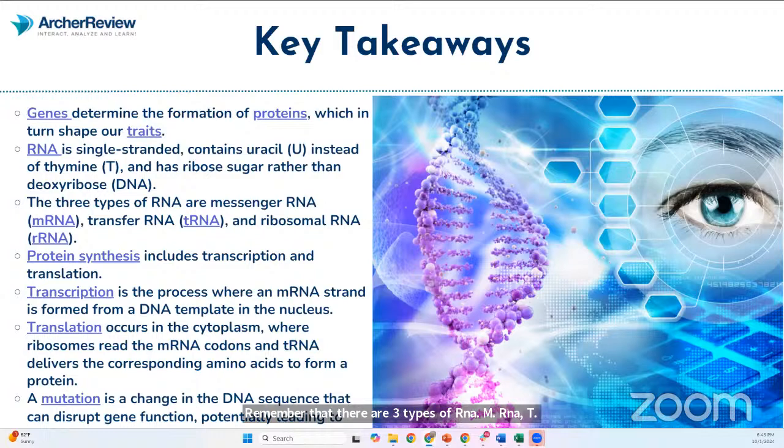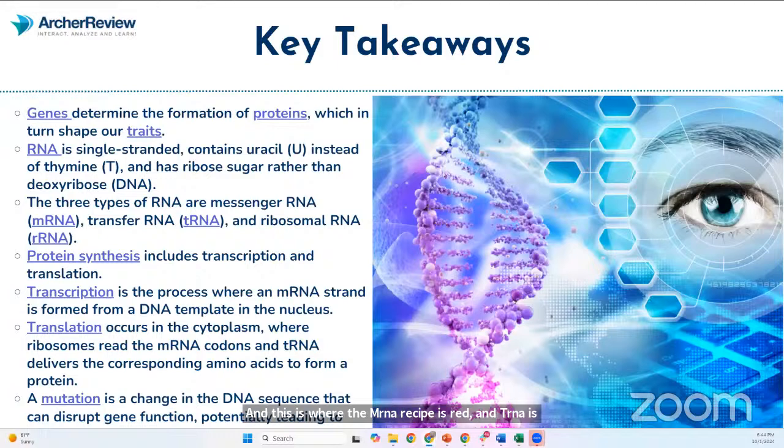Remember that protein synthesis includes transcription first and then translation. Transcription is where the mRNA strand is formed from the DNA template in the nucleus. Remember, that's a photocopy per se. Translation occurs in the cytoplasm on the ribosome. And this is where the mRNA recipe is read and tRNA is delivering all the amino acid ingredients, so to speak.